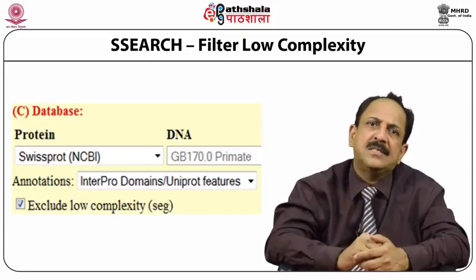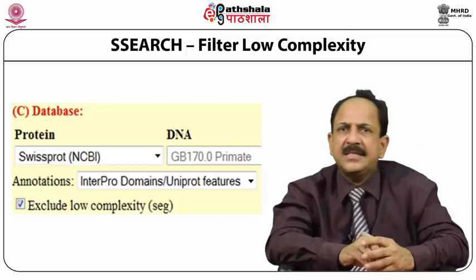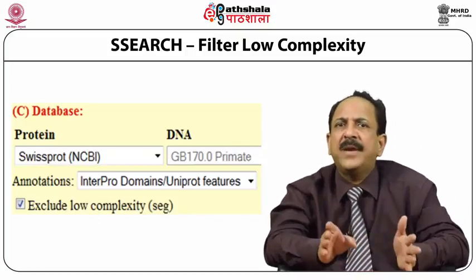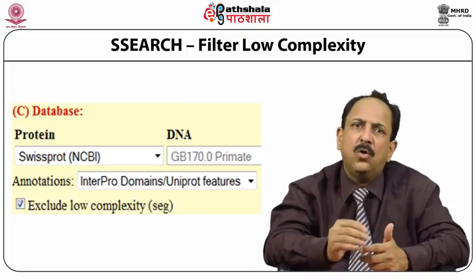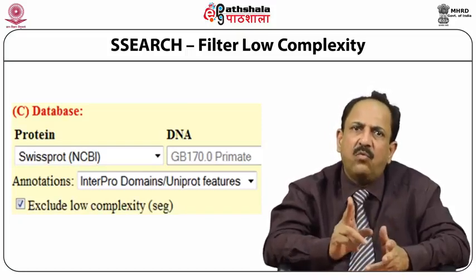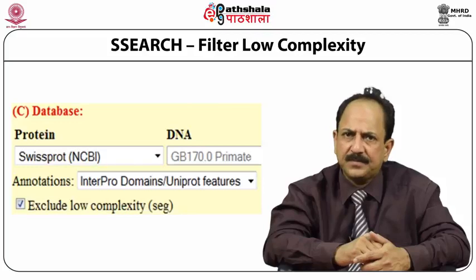Section C enables one to choose masking the query and database sequences for low complexity regions. If the checkbox for exclude low complexity is checked, one can start the search at this stage using default parameters for scoring.